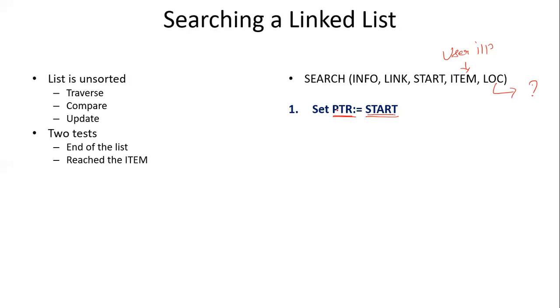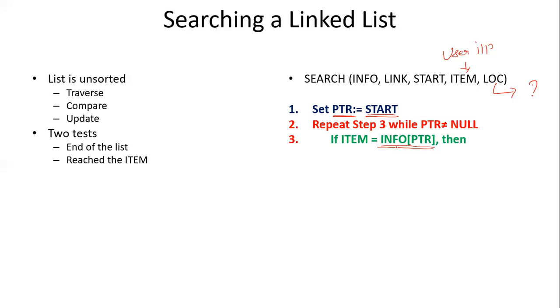Okay. And next, what do we do? Once PTR is ready to point, that means it's pointing to a particular node. So next, we have to check whether the information in the node that's being pointed to by the PTR is equal to item. If it is equal to item, then work is done.